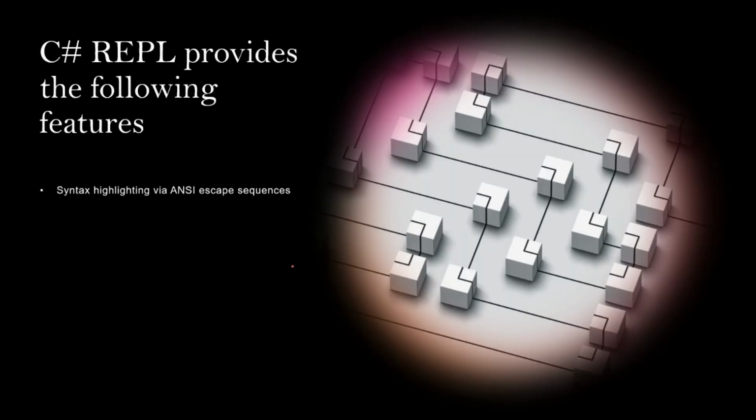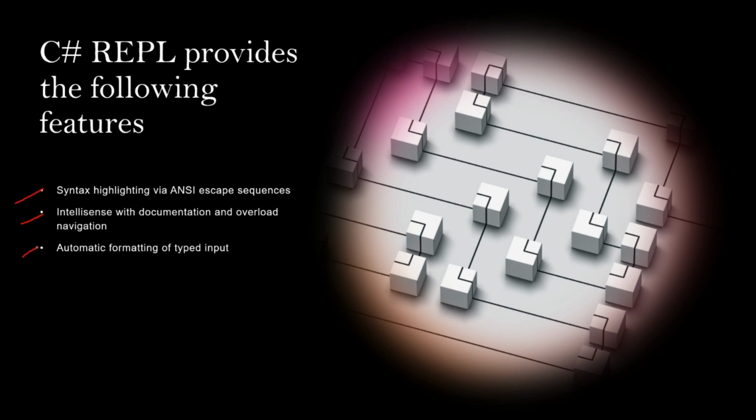So, what are the different features that it provides? One of the most important things is that you get syntax highlighting. It provides IntelliSense, so you can get help for any class or function that you are writing on the command line interface itself. You can do formatting, and you can install the NuGet packages that you want to bring into the references.